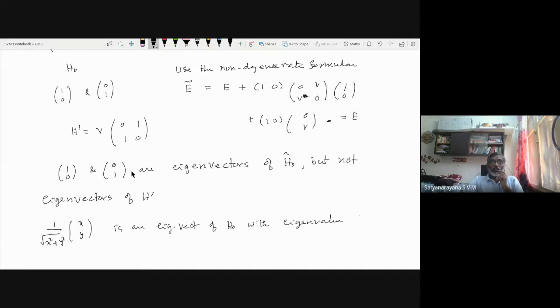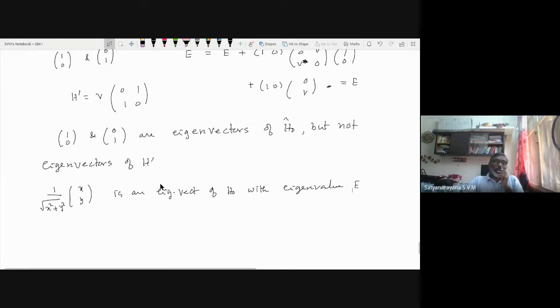Now we have to ask: what should be the values of x and y such that it is also an eigenvector of H prime?